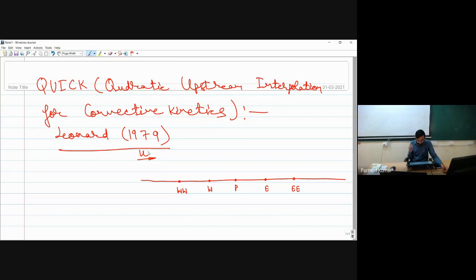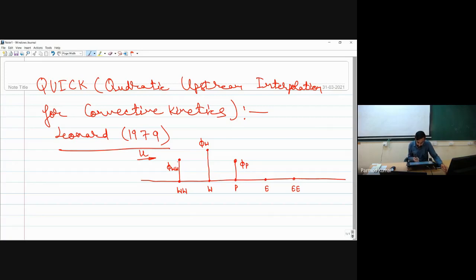Now we will consider a quadratic variation of our property value. Let me consider that I have some value phi WW here, another value phi W at this point, and phi P here. These are my values at three different node points.